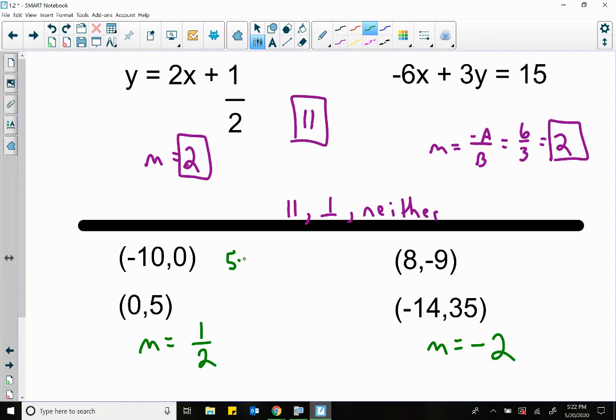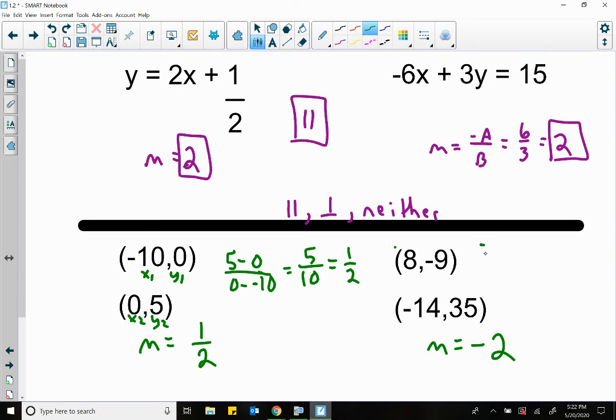Let's actually do this. 5 minus 0, because this is your x1, y1, x2, y2. So 5 minus 0 all over 0 minus a negative 10. That gives you 5/10, which is 1/2.